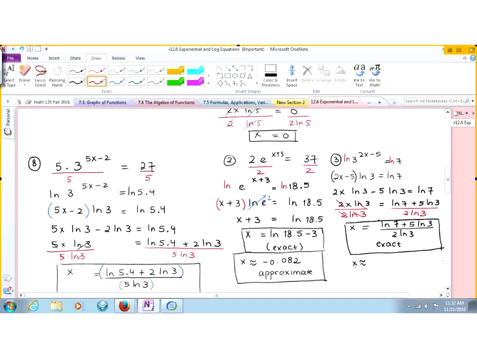Okay. Now, what is the approximate answer? This is your calculator. Remember, when you write using your calculator, this one should be parentheses, and this one should be parentheses also. Yeah, so let's see. ln 7, parentheses, ln 7 plus 5 ln 3, closing parentheses, divided by, open parentheses, 2 ln 3, close parentheses.